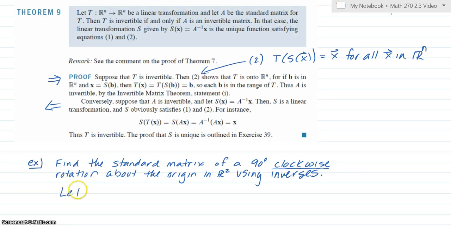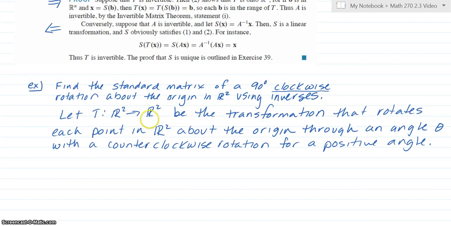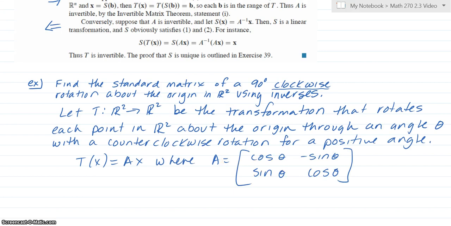Let T go from R2 to R2 be the transformation that rotates each point in R2 about the origin through an angle theta, with a counterclockwise rotation for a positive angle. We have this formula: T of x is equal to Ax, where A is cosine theta, sine theta in the first column, and then negative sine theta, cosine theta. You can find this in example 3 in section 1.9.